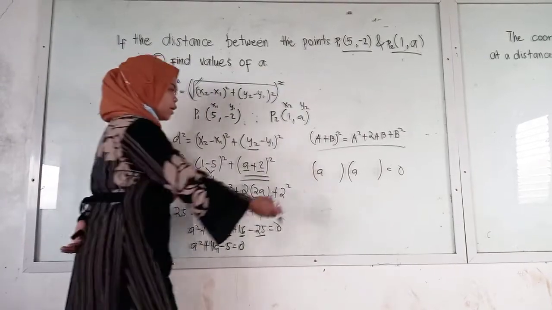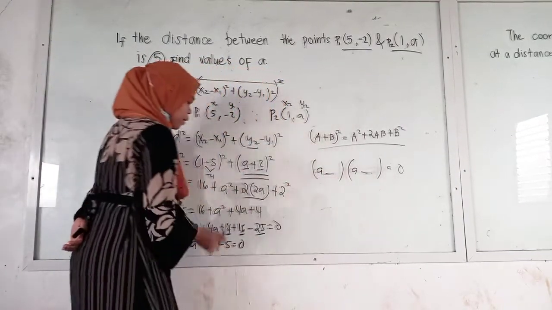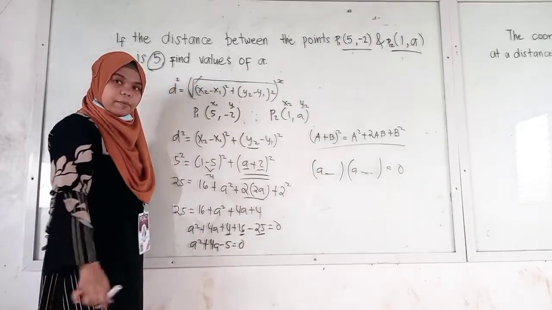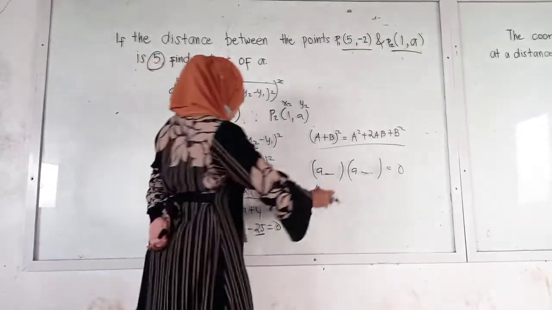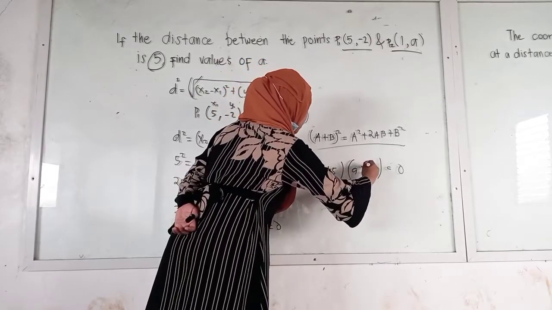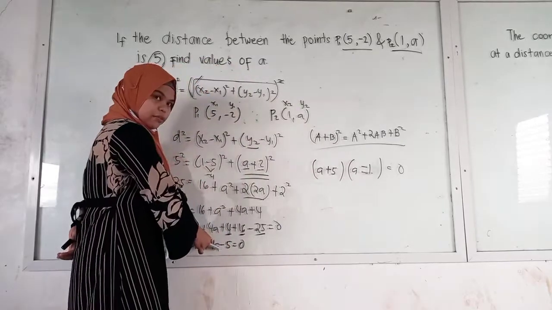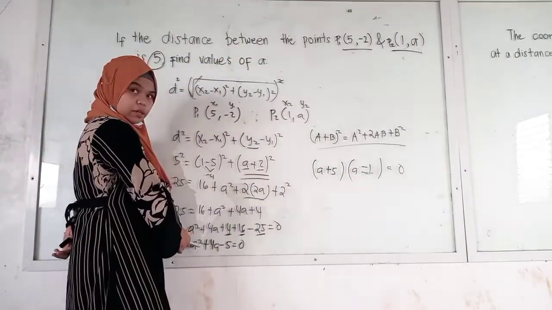So what numbers will we put here? When we multiply them, the result should be negative 5, but when I add them, it should be positive 4. So let us try positive 5 and negative 1. Positive 5 times negative 1 is negative 5. 5 plus negative 1 is positive 4.